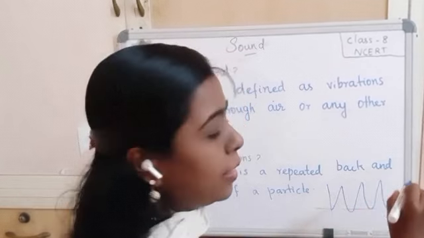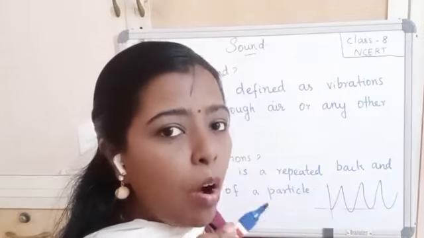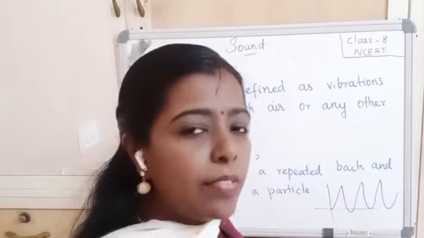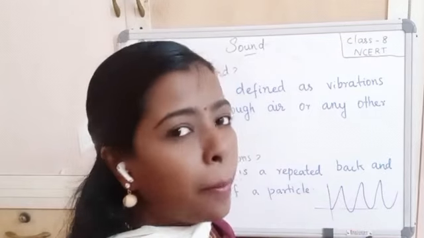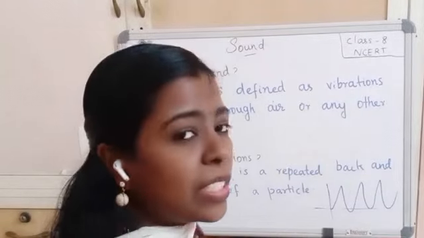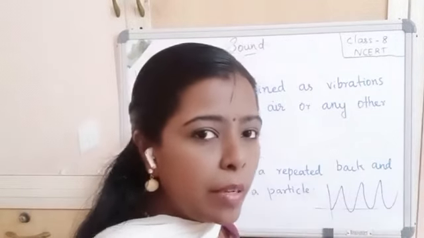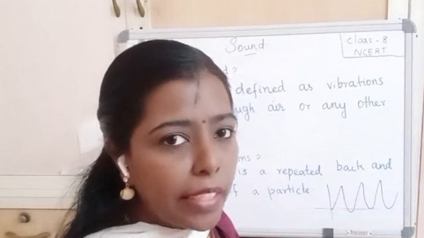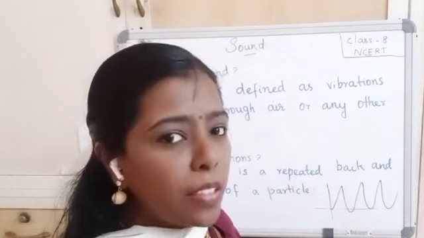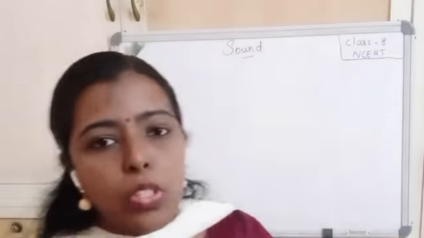This motion of an object or particle is called vibration. These vibrations can make sound. These vibrations travel through any medium like solid, liquid and gases. It will make sound.